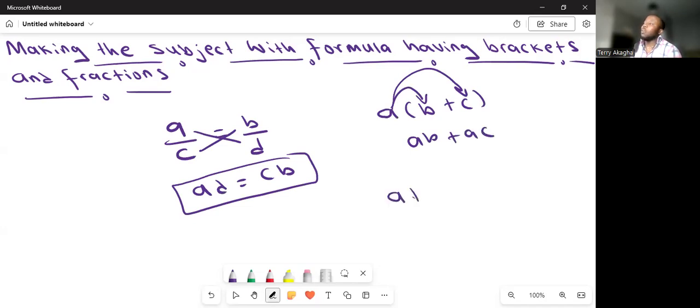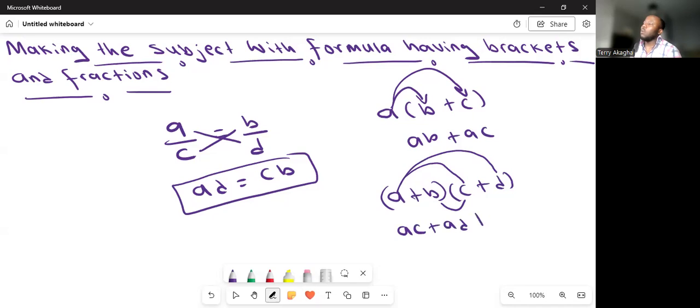So A plus B, you're multiplying C plus D. A times C will give you AC. A times D gives AD. B times C gives BC. And B times D gives BD.